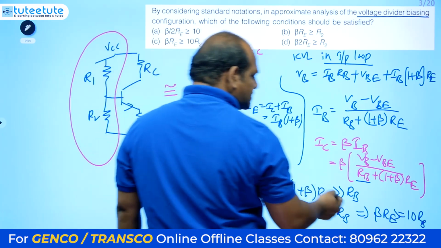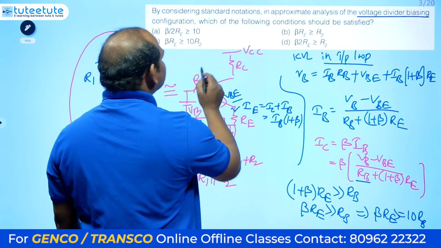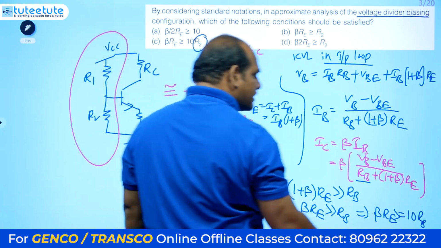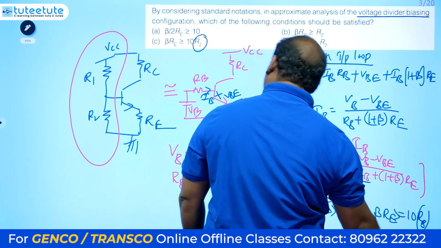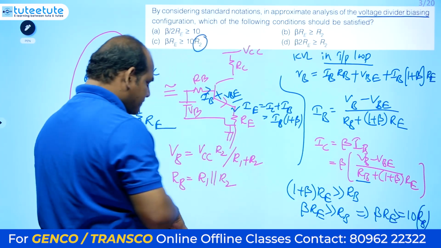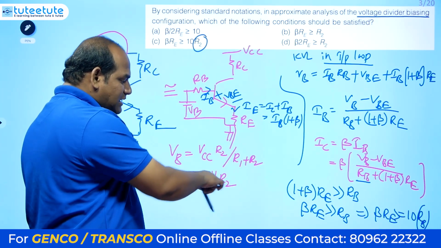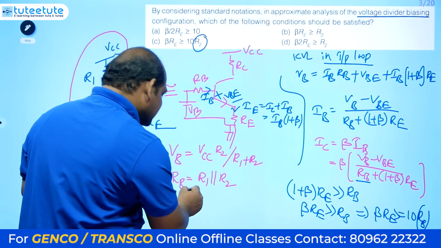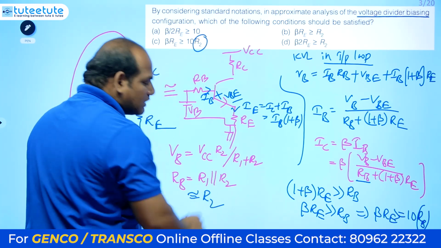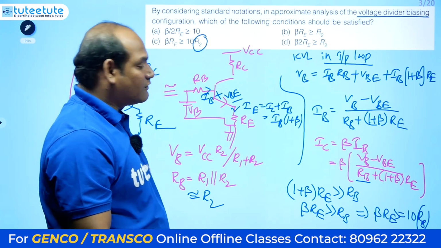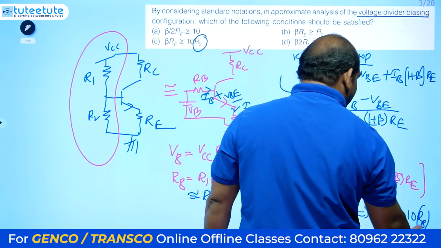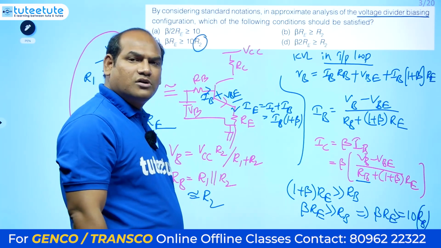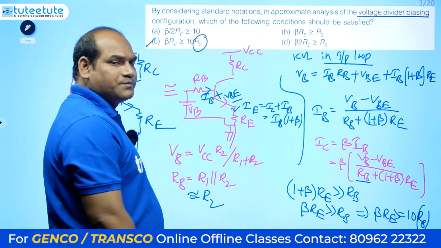In the options they have given the condition with respect to R2, but in general RB is approximately R2 only, because you see here RB is equal to R1 parallel with R2, and we got the condition with respect to RB, but this can be approximately equated to R2 only because of the lower value of R2 compared to R1. So you can replace RB with R2, then option C is the correct option, or this is also a condition you can take. That is the thing. Okay.